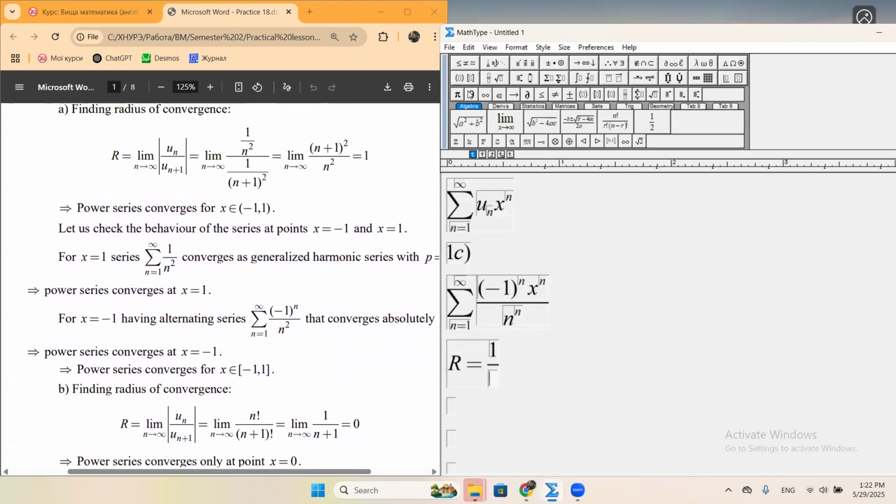In the radical Cauchy test, we extract the root of power n, but here it is a root of power minus n, so it is the inverse value in this case. And of course, the limit for n approaching infinity.